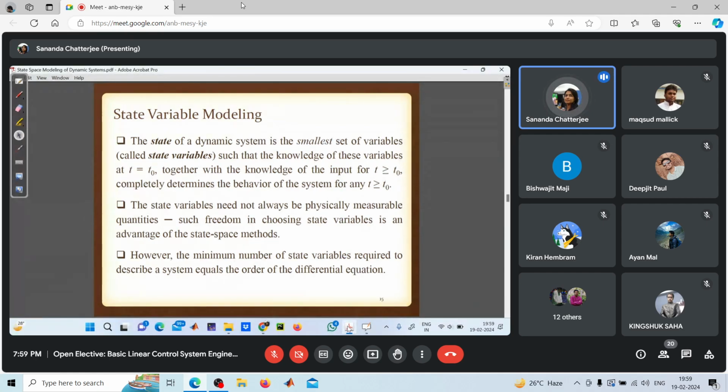What is the state of the component that can store energy? So this property of the dynamical system is not required for a static system, as a static system has no energy storing element.